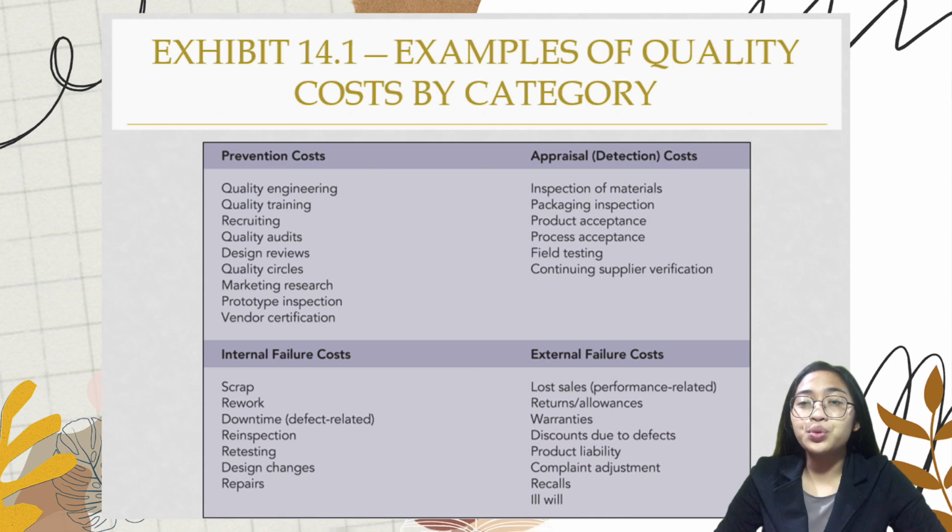In appraisal costs, we have inspection of materials, packaging inspection, product acceptance, process acceptance, field testing, and continuing supplier verification. In internal failure costs, we have scrap, rework, downtime, reinspection, retesting, design changes, and repairs. Lastly, in the external failure costs, we have lost sales, returns or allowances, warranties, discounts due to defects, product liability, complaint adjustments, recalls, and ill will.